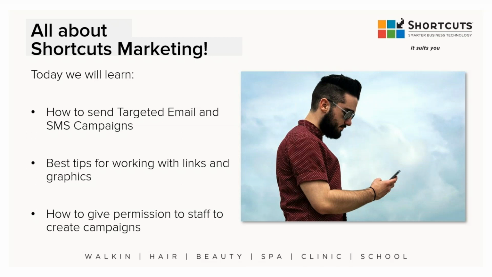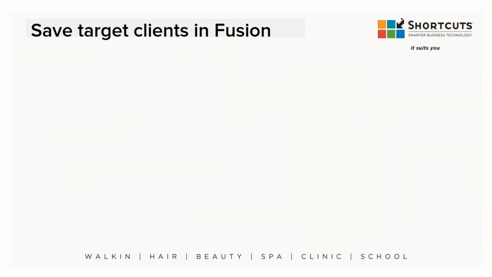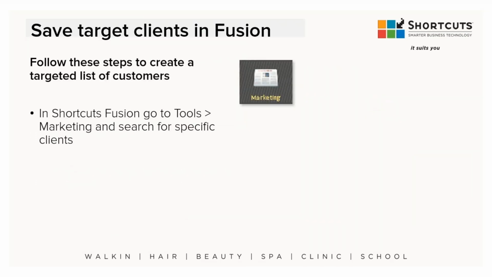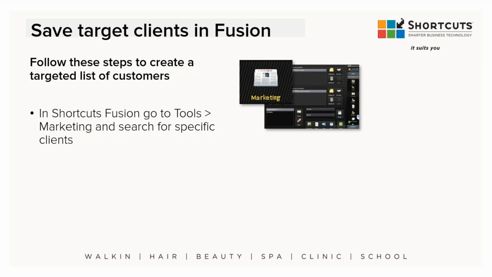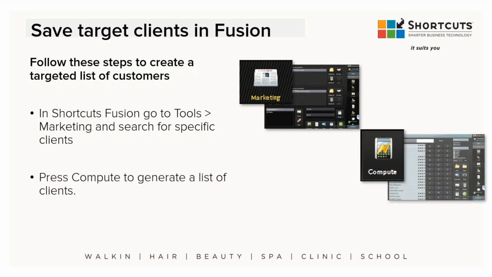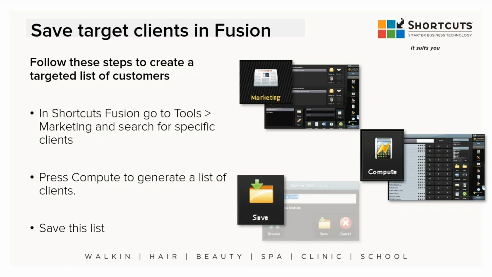So, building on what we learned last week, you learned how to put together a message to all clients or an automated message to all clients, both text and email. So if you decide that you want to create a specific targeted list in Fusion, under the Tools button, you should have a button that says Marketing.